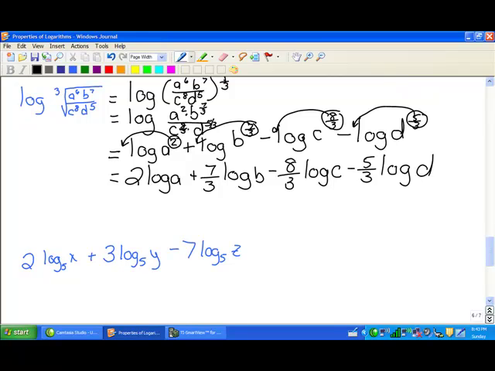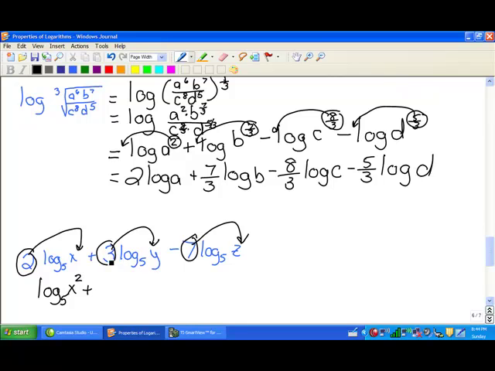Now, if we're going to contract back to a single logarithm, it will be easier to take this in a step-by-step fashion. First of all, take any numbers in front of the log and put them back up where they used to go as the powers. So 2 times log base 5 of x used to look like, before the power rule was applied, log base 5 of x squared.